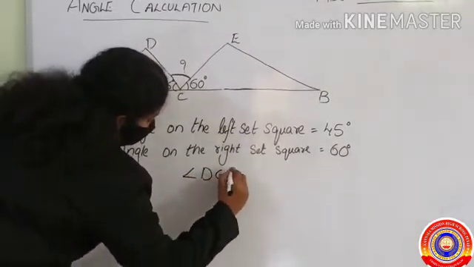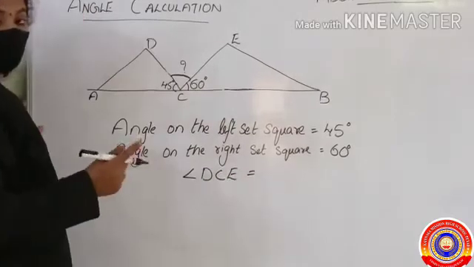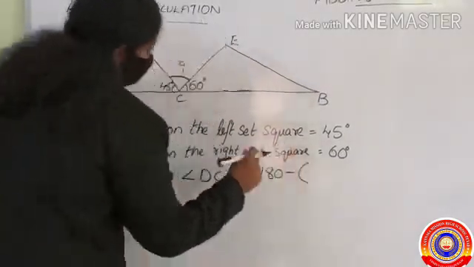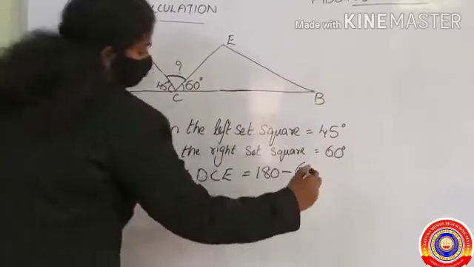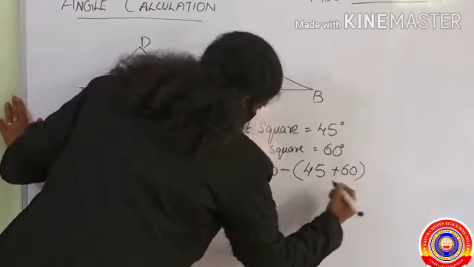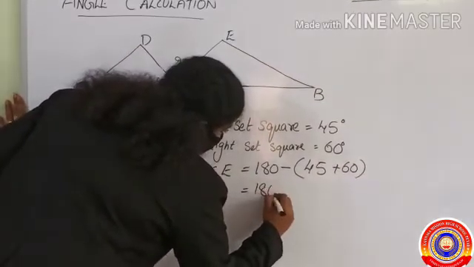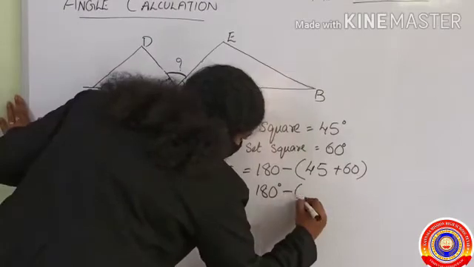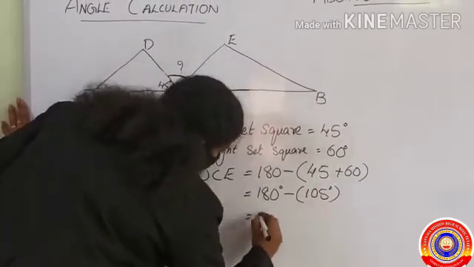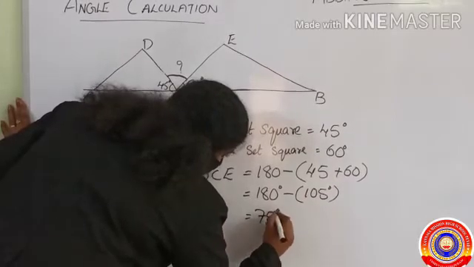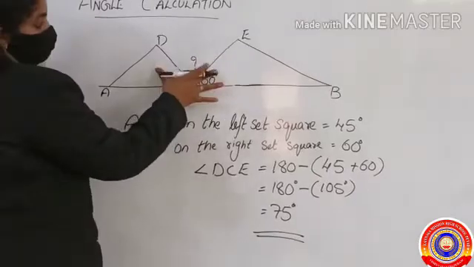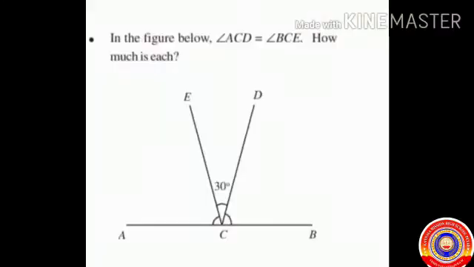Angle DCE is equal to 180 degree minus angle on the left and right set square, that is 45 degree plus 60 degree. That's equal to 180 degree minus 45 plus 60, 105 degree. 180 minus 105 is 75 degree. So we get the angle in between the two slanted lines is 75 degree.